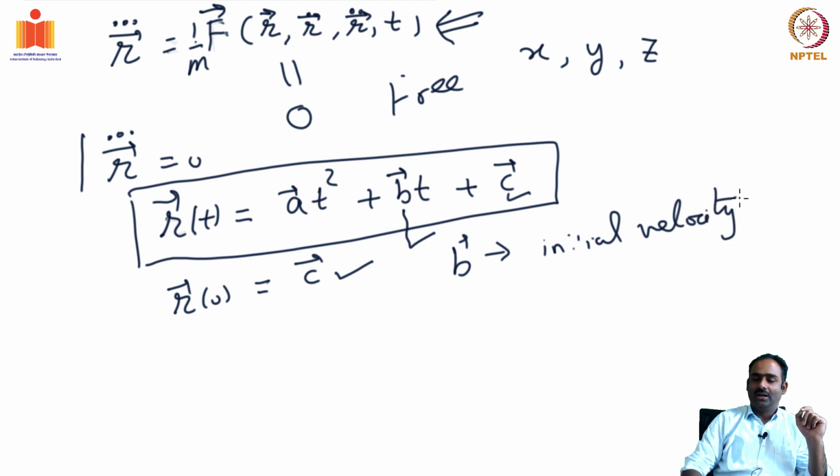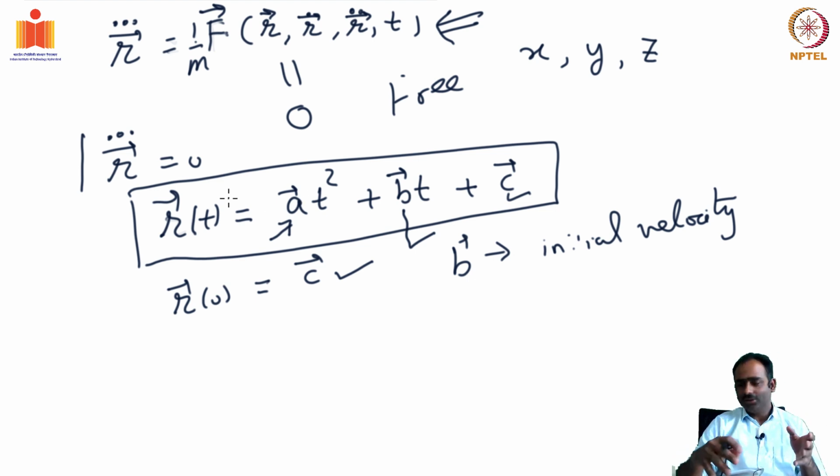And as you can see here, this A you will need to specify, for example, what the acceleration was at time t equal to 0 before you could really tell what r at any time t would be. So this constant will not be determined by telling just the coordinate and the velocity at time t equal to 0. You will also need to specify the acceleration at time t equal to 0. But you already know from your experience that that's not how our nature works.